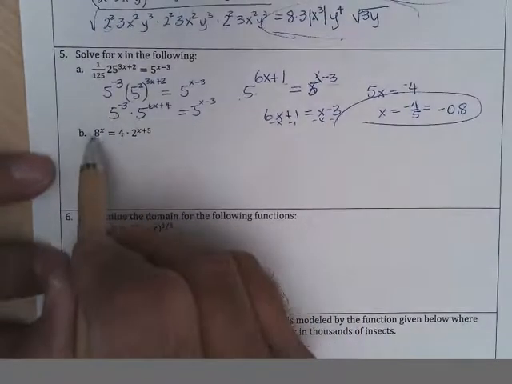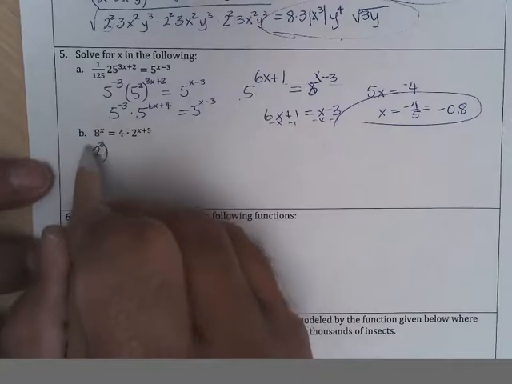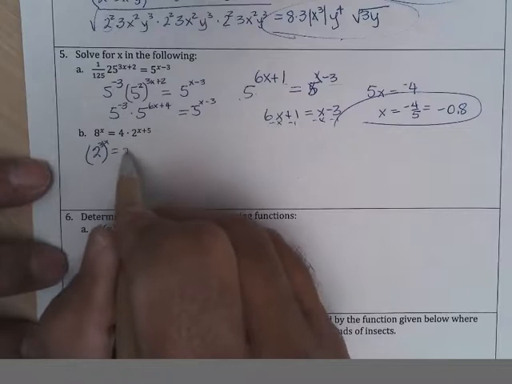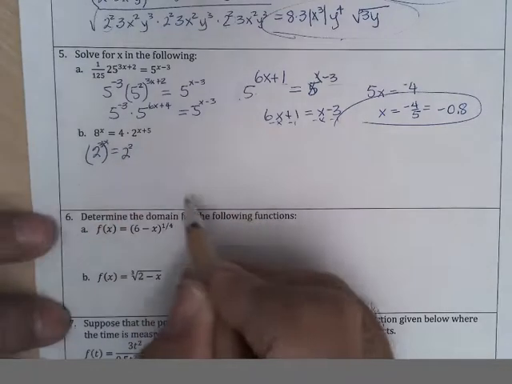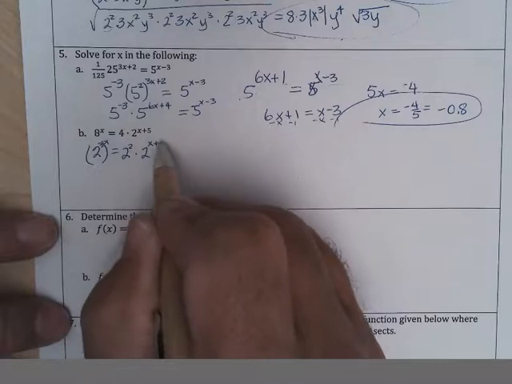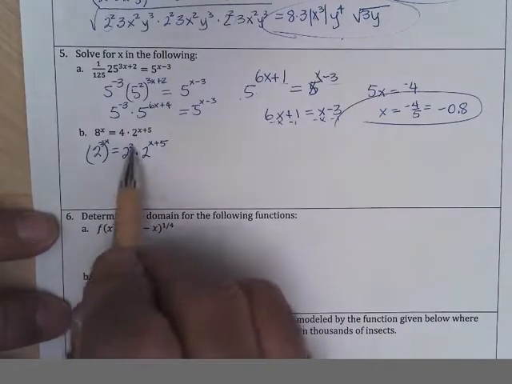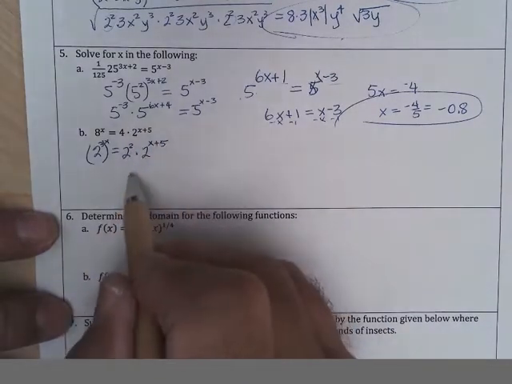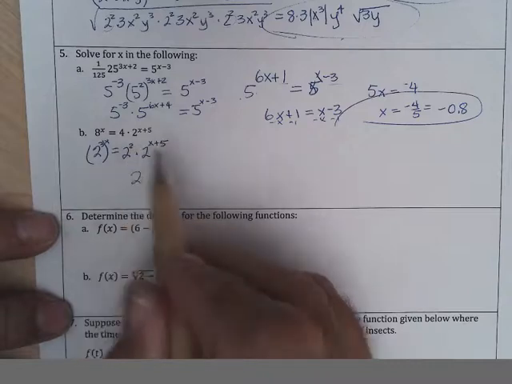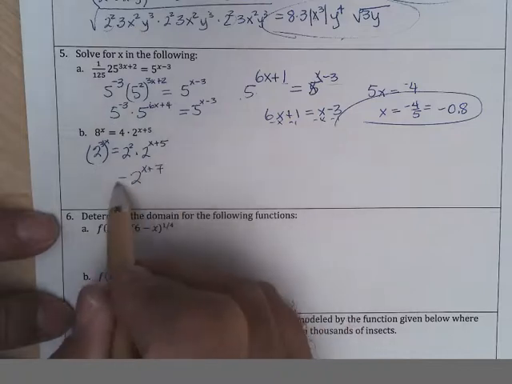Common base here, 8 is 2 to the third, and that's to the x power. 4 is 2 squared, and this is 2 to the x plus 5. So when you multiply, you add the powers, so you get 2 to the x plus 5 plus 2, which is x plus 7.